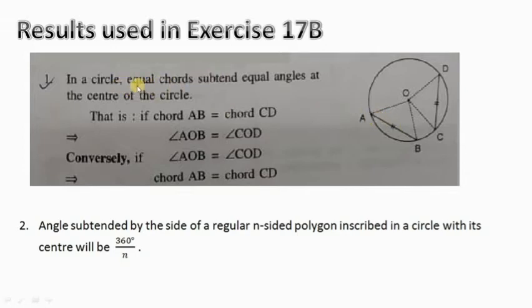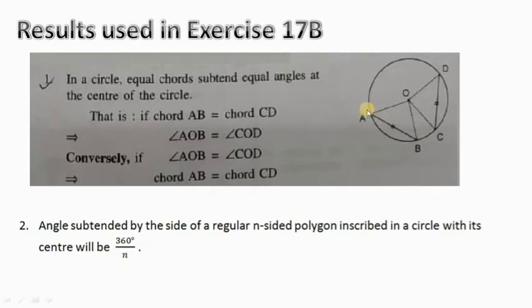So there are two equal chords. Let me call the equal chords AB and CD. So they are equal to each other. Now the angles subtended by these equal chords with the center are also going to be equal. That's what the theorem is saying.